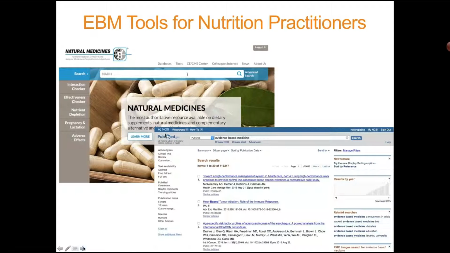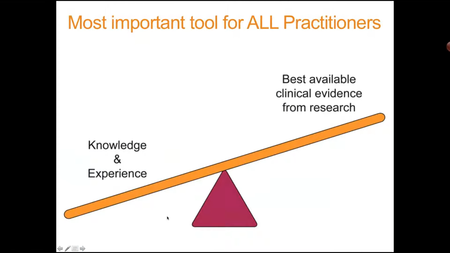But again, always take into account that you need to apply the knowledge and experience that you acquire in practice and balance that with the best available clinical evidence from research. If you prioritize one or the other, you're not going to be providing your client with the best experience that they're expecting from you as a practice-based evidence clinician.